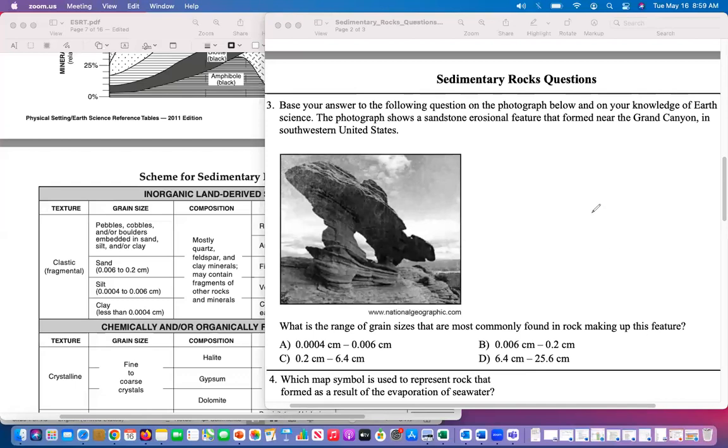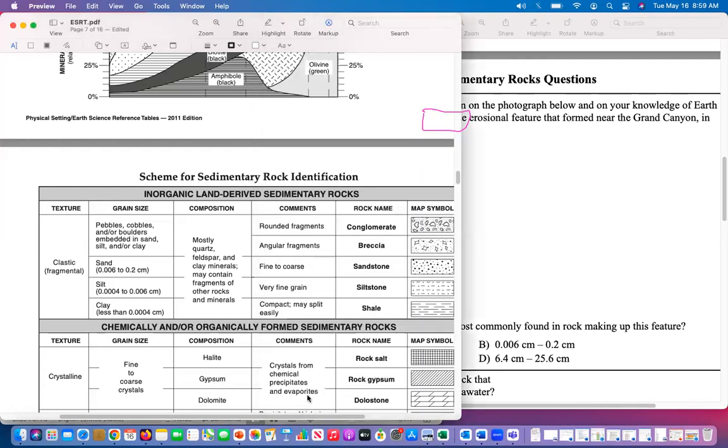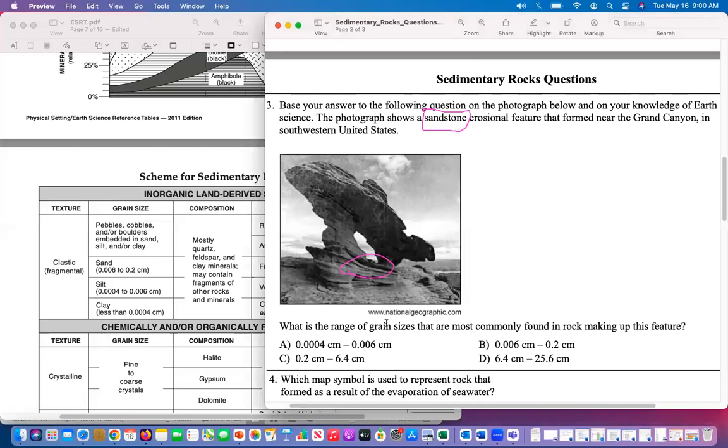So there's something in this reading that has to let me know what type of rock is in this feature. When I'm reading, automatically I see sandstone. And what type of rock is sandstone? When I look at my reference tables, I see sandstone is right here. Now the question is asking, what is the range of grain sizes?